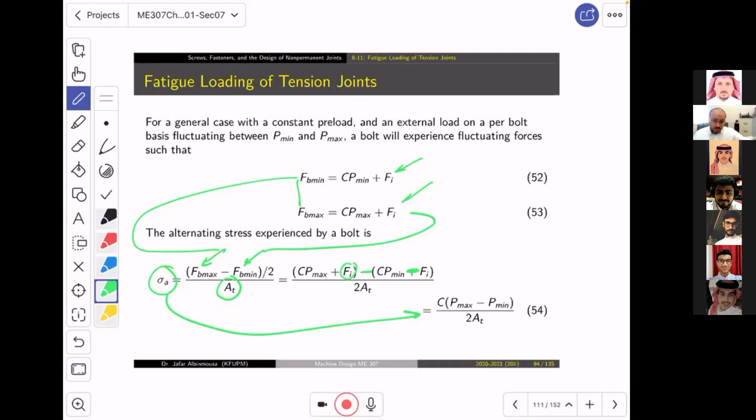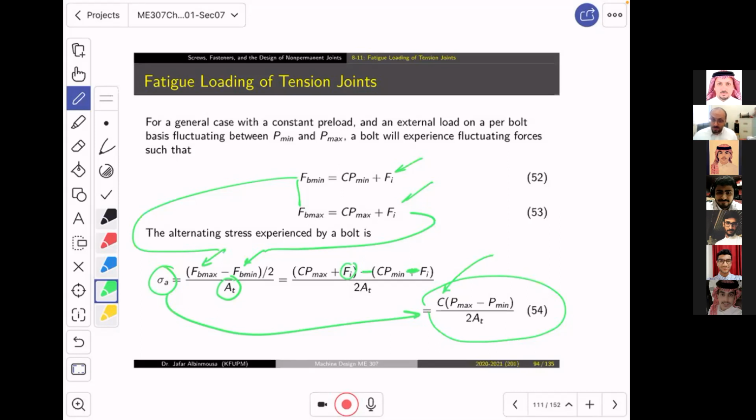Fi should never appear in the amplitude. And yes, it cancelled out. So we ended up with the amplitude, notice guys, C, which is the joint stiffness, times P maximum minus P minimum over 2AT.